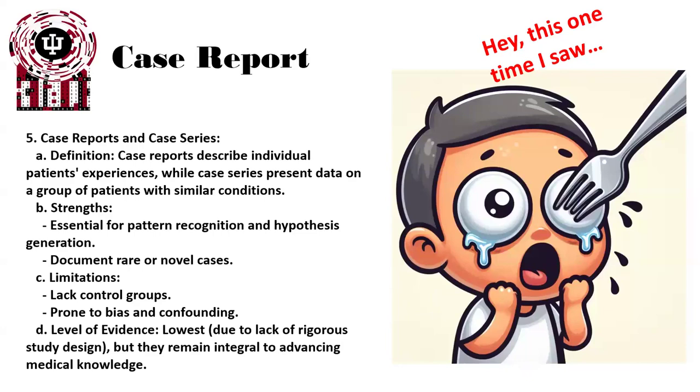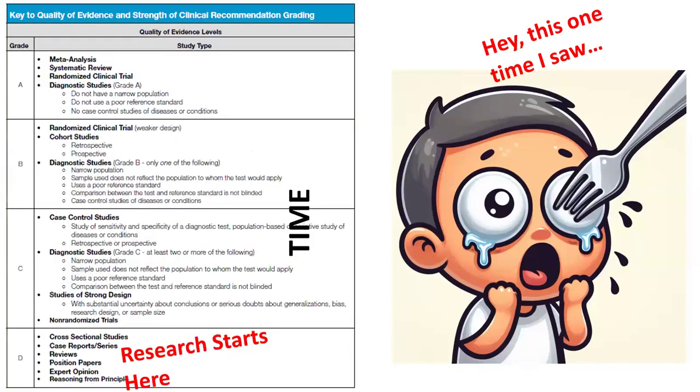Its limitations are that there's no control group, and it's prone to huge bias and confounding. For that reason, it's the lowest level of evidence when looking at whether something is efficacious for treatment and for clinical decision-making.